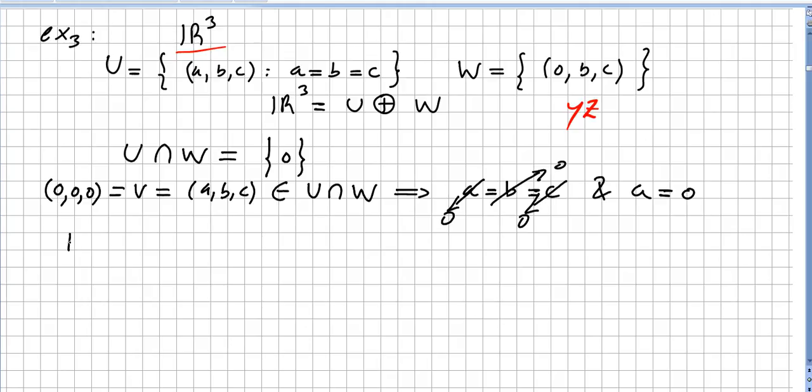Okay, and easy to see that R3 can be written as a sum of these two subspaces, right?